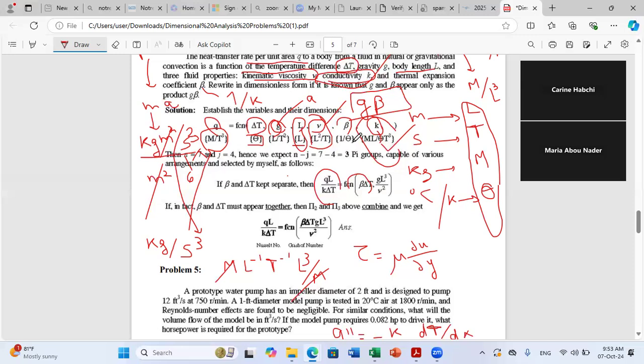Then instead of 3 groups you will have only 2, because 6 minus 4 equals 2 groups. The groups you can form are QL over K delta T, which is the same group, and when you combine these 2, you get one group together, because g and beta cannot appear independently. They become one variable.